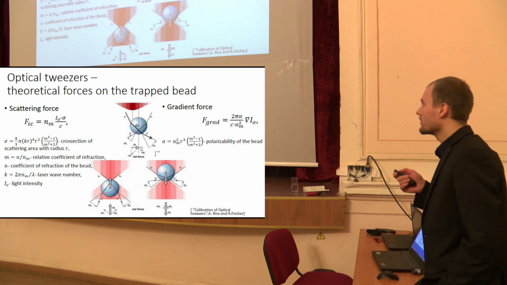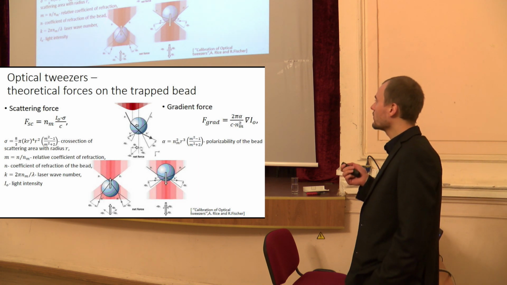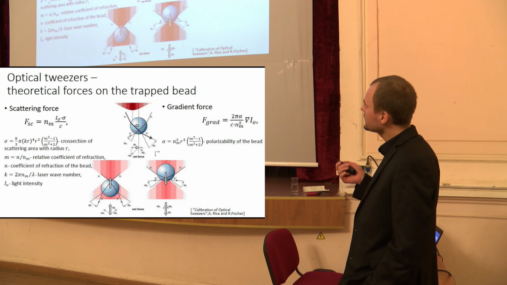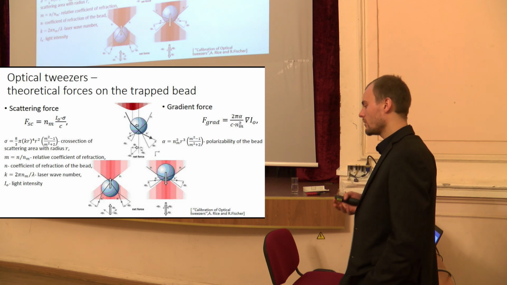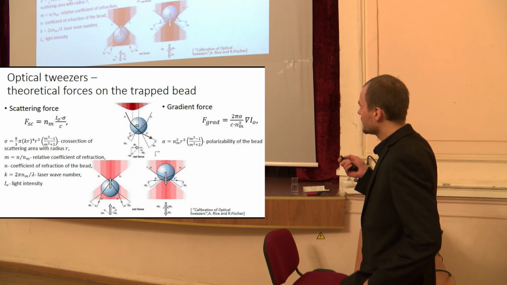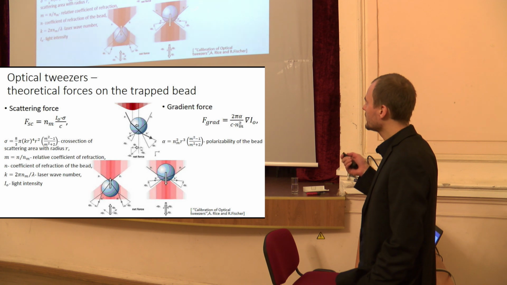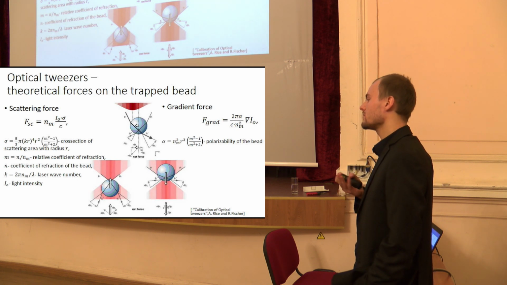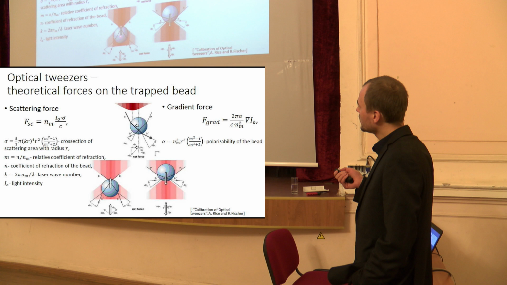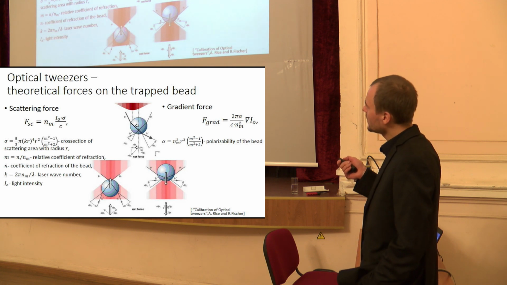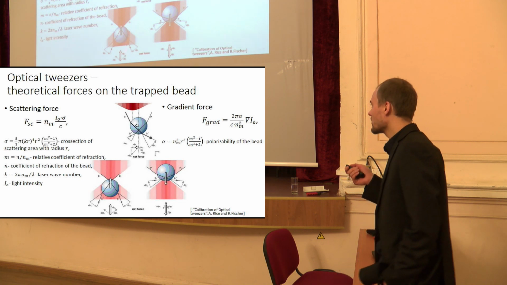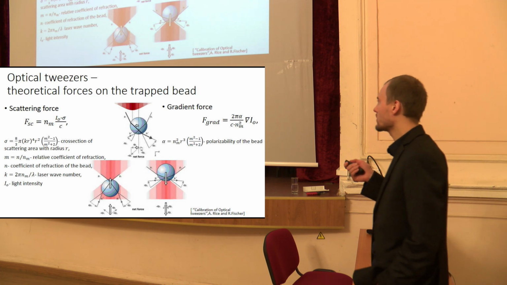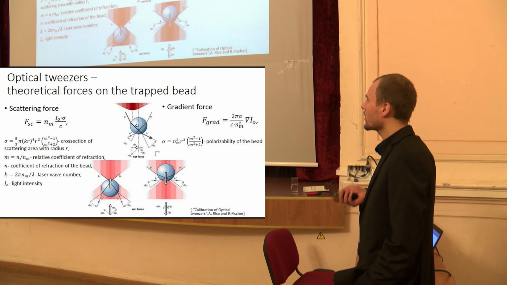If the scattering force is not strong enough to overcome the gradient force, which pulls the bead towards the focus of the light, then we come to an equilibrium, most likely somewhere here, where the scattering force is approximately the same as the gradient force backwards to the trap.